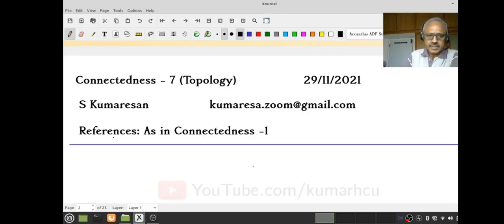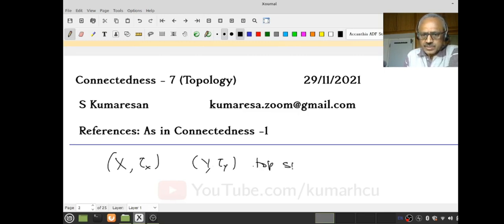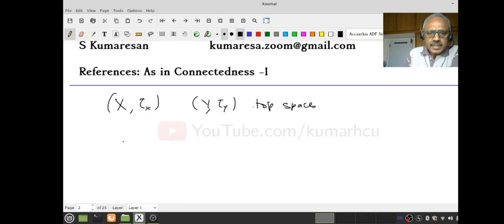So let me quickly do that. Let (X, tau X) and (Y, tau Y) be topological spaces, and let's look at the Cartesian product X cross Y. Then there is what is called the product topology.